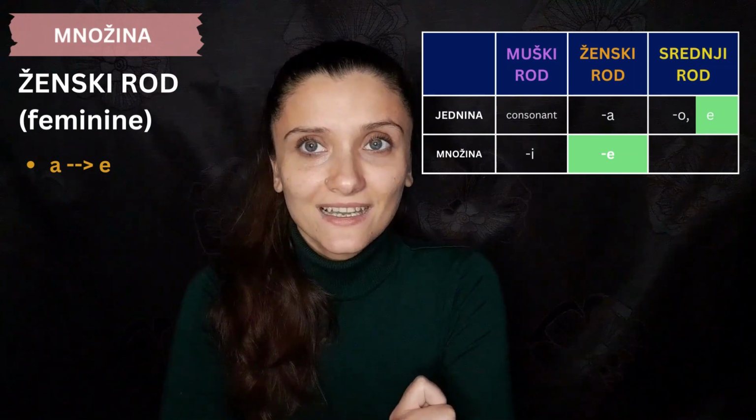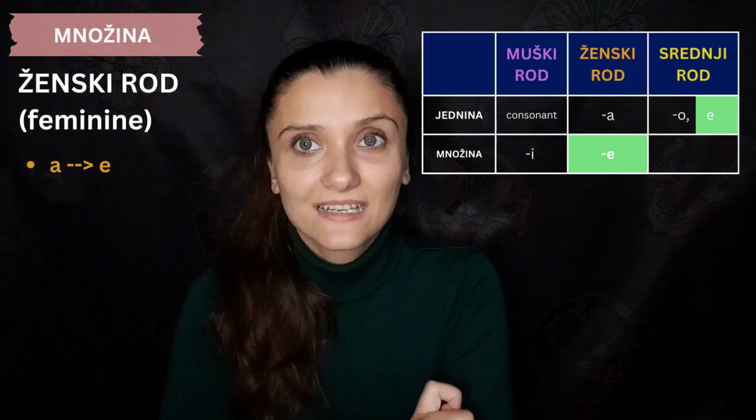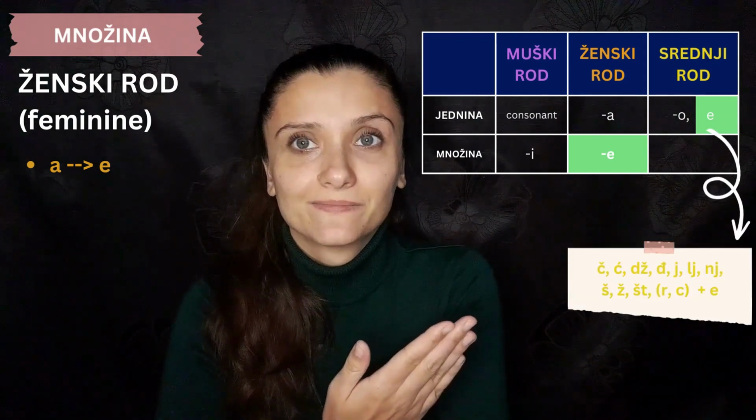You may notice that množina of ženski rod have the same ending as jednina of some nouns in srednji rod. But you can understand that something is srednji rod if one letter before e are one of the following letters.